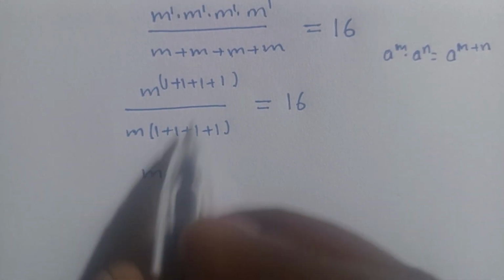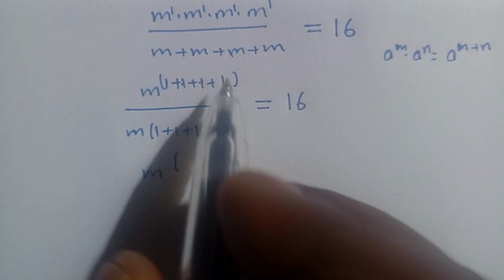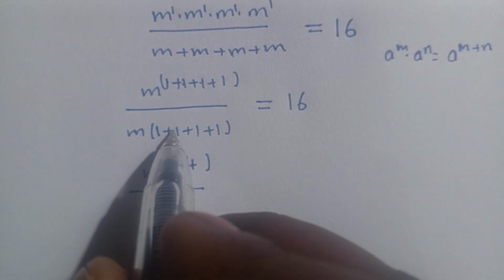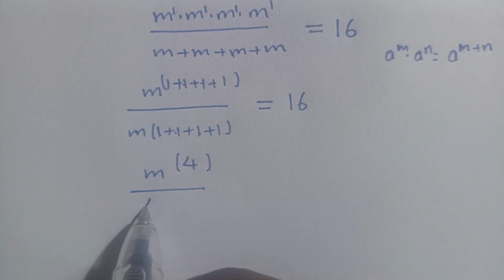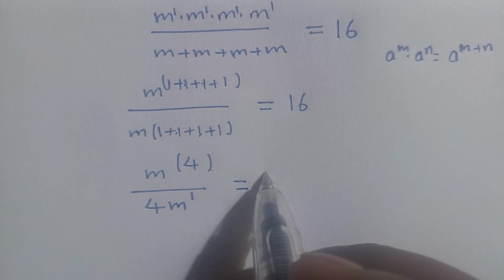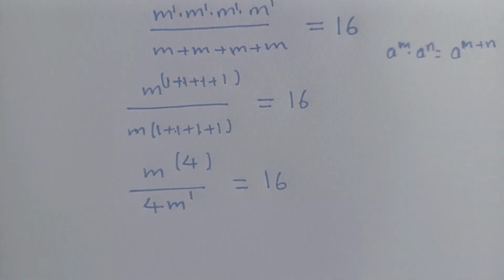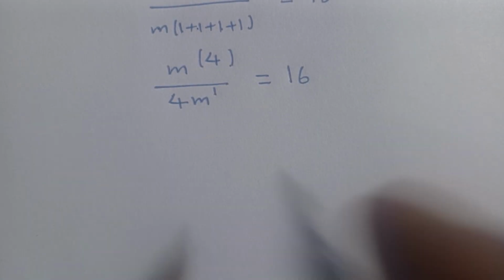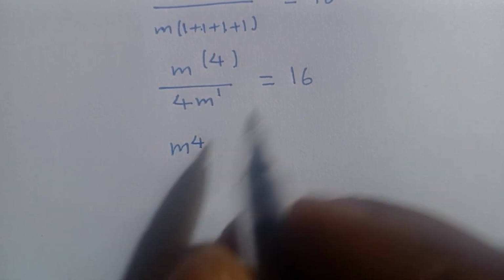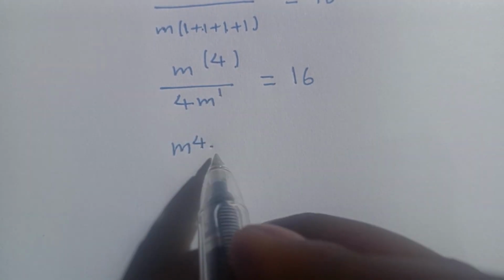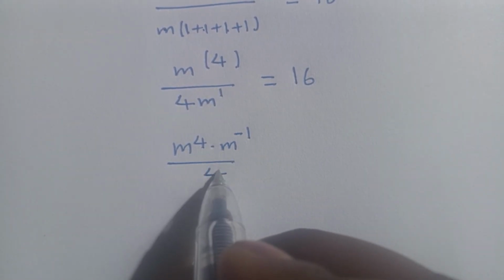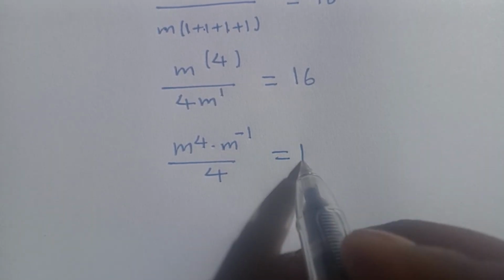M raised to 1 plus 1 plus 1 plus 1, that is 4, over 1 plus 1 plus 1 plus 1, that is 4, power of 1, equals 1/6. So m to the power 4 times m raised to minus 1 over 4 equals 1/6.